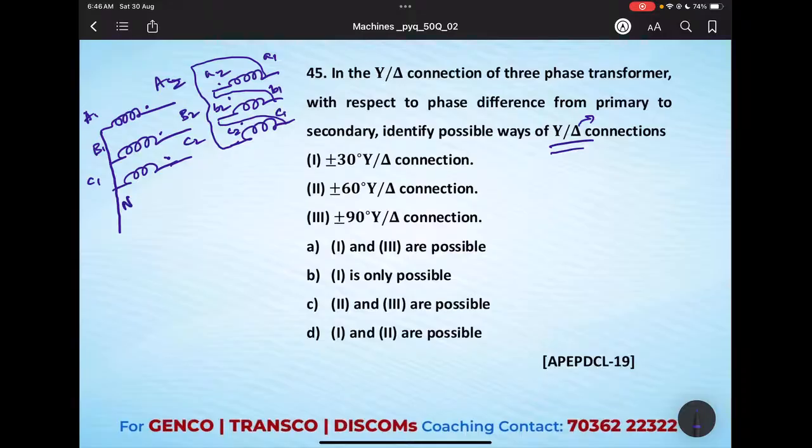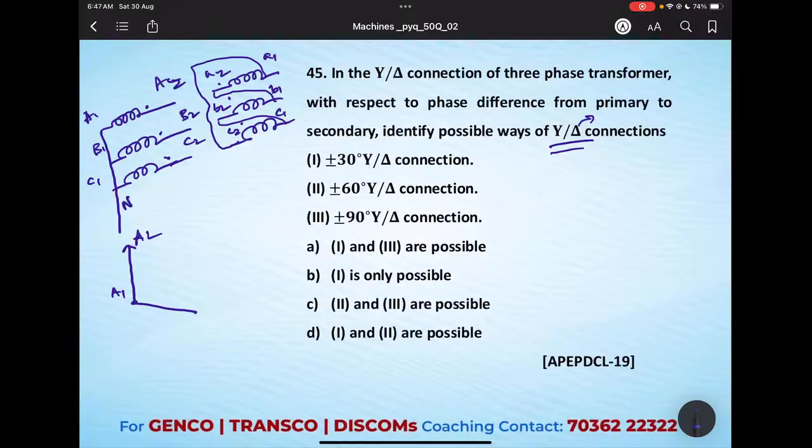Let's write down the phasor diagram. Let's write down the first phasor diagram of the primary. We need to remember always the tip of the phasor needs to be on the output side. So it will be A2, it will be A1. Next it is going to be connected to the second phasor.